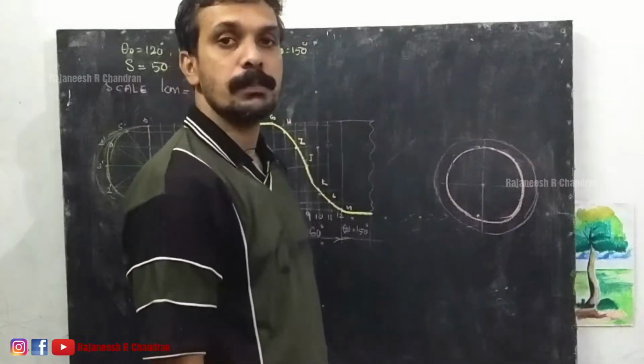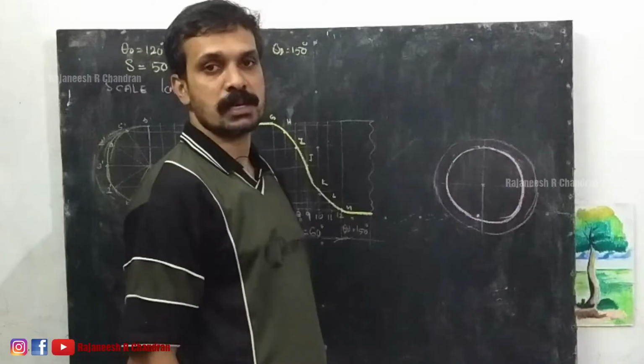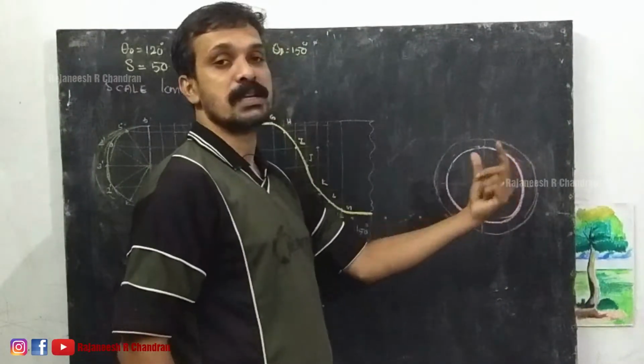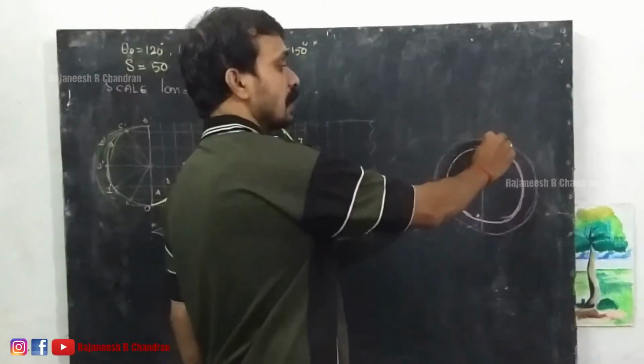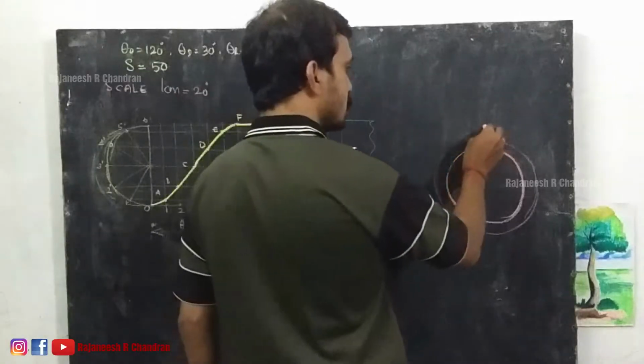This circle is called the prime circle of this cam. This circle is known as a prime circle. So the radius of the prime circle is the base radius, the minimum radius of the cam, plus the radius of the roller. Now extend this line.